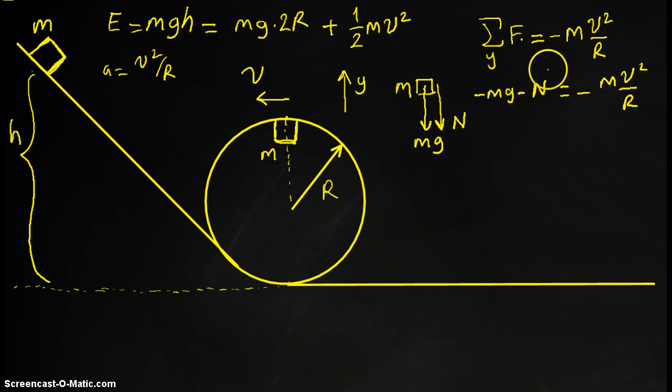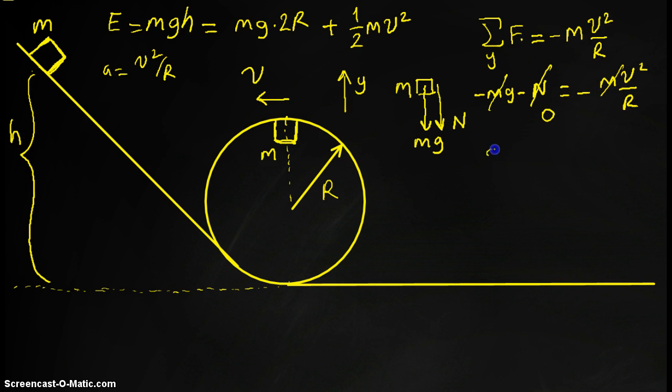So we set N to 0, and we have plus mg if we multiply by minus sign on both sides. mg is equal to mv squared over r, so the m's on both sides cancel.